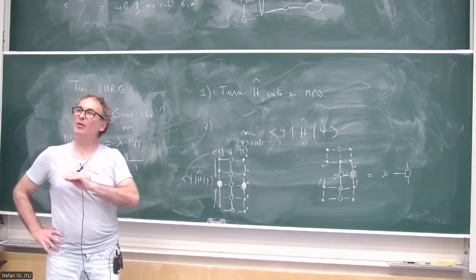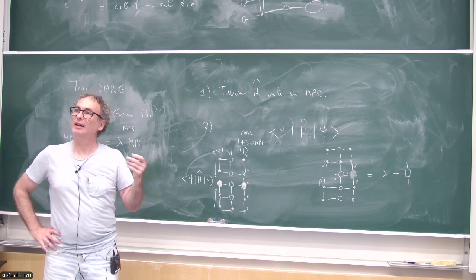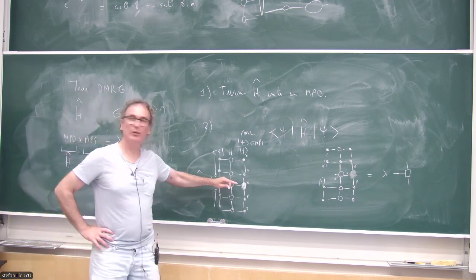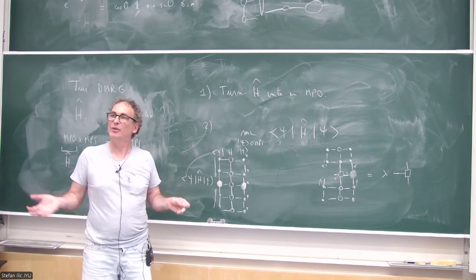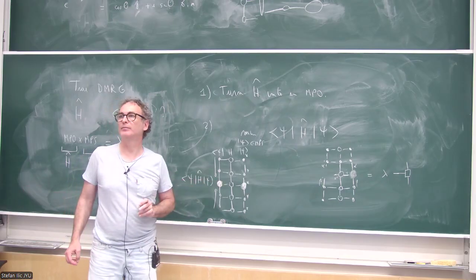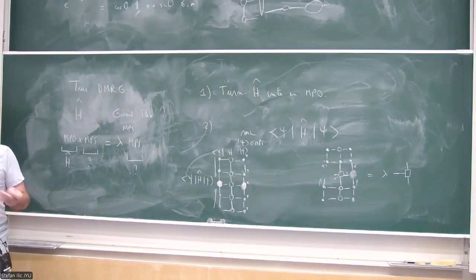So you see it will be almost the same as DMRG for quantum circuits, except that at the moment where we do the optimization, we are optimizing for something different. So here it will be solving an eigenvalue problem. And we will have a third version later when we try to solve linear problems, so solving MPO times MPS equal MPS, where we will have to solve a small linear problem at the optimization step.